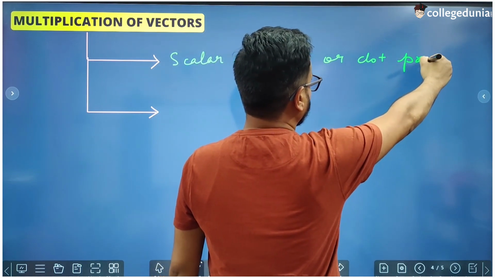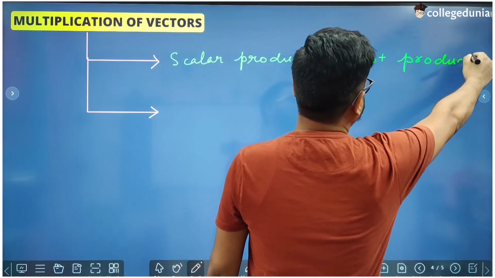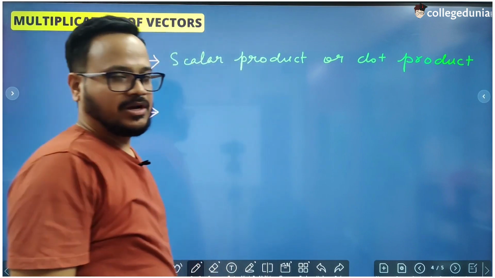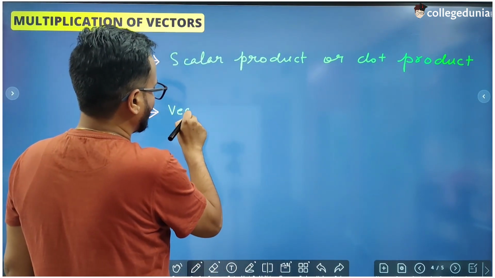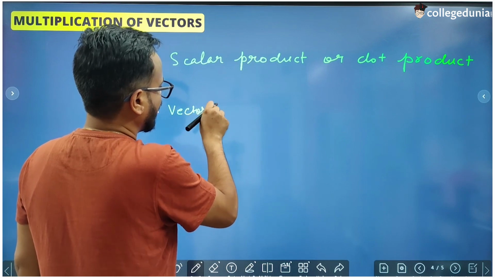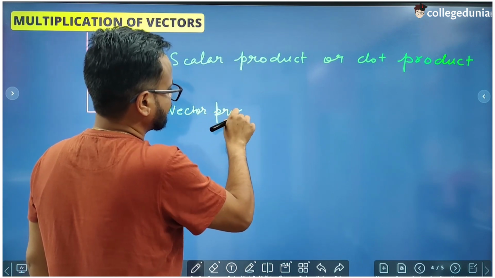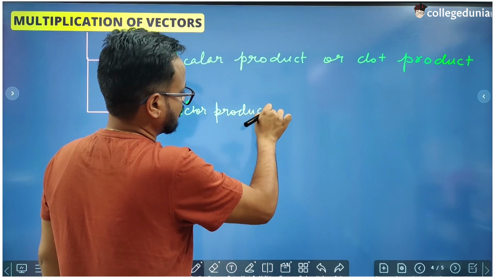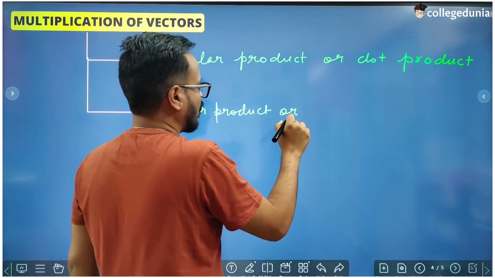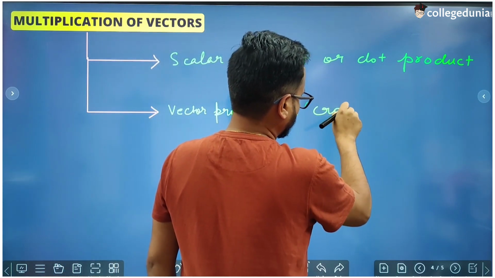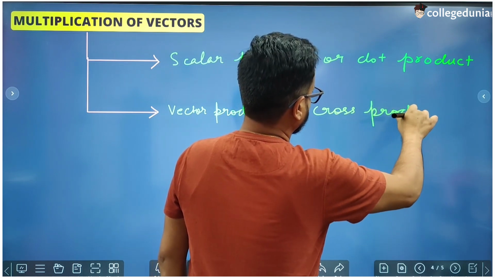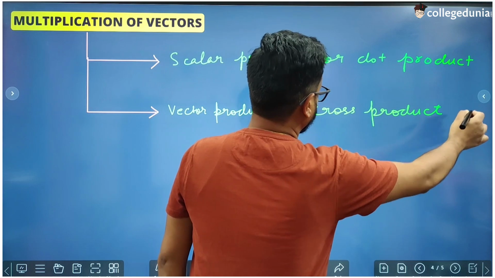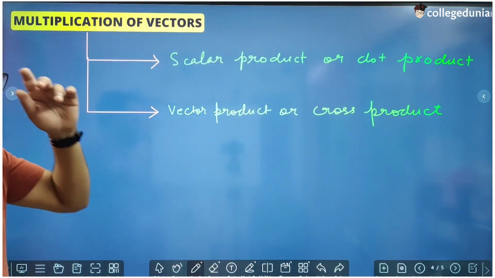Second type of product of vectors is called vector product or cross product.